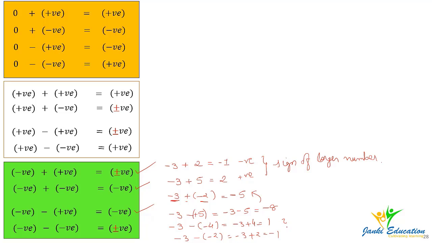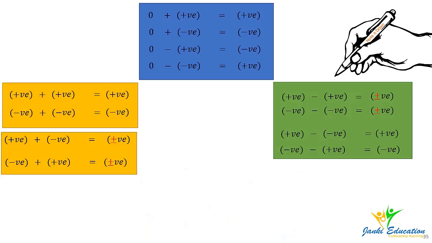So here again it is the sign of the larger number. Understood? Fine. So this is the thing we have learned in this topic. I hope you have understood. And since this is a very important one, just remember the rules. By applying these rules only, you will be able to solve any questions.